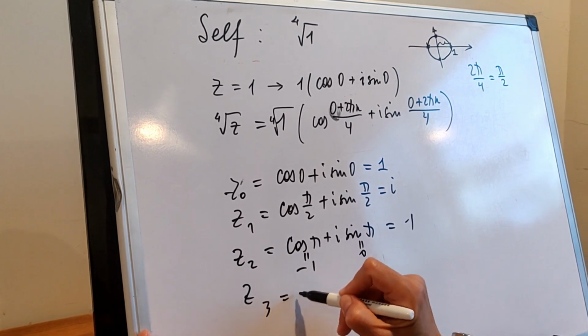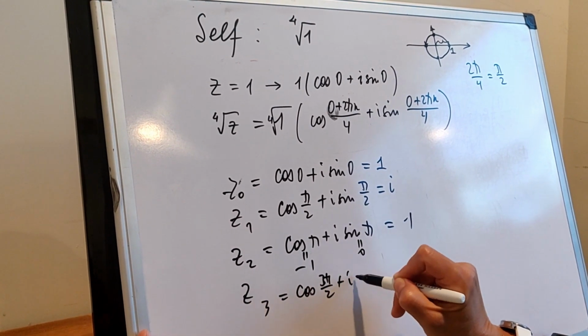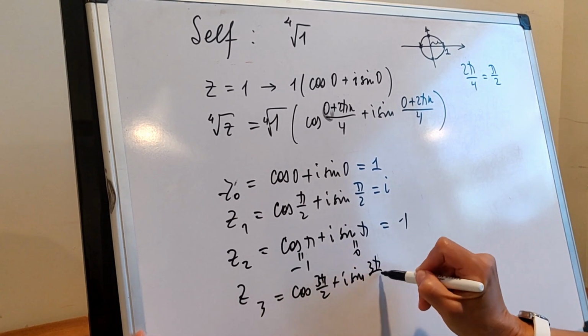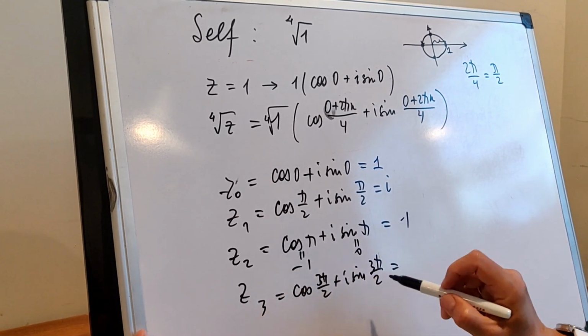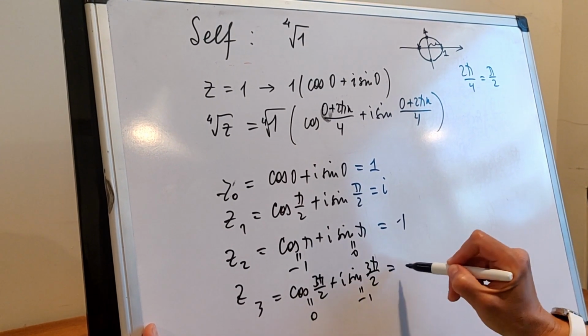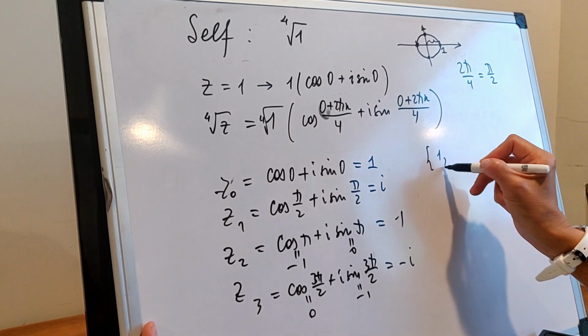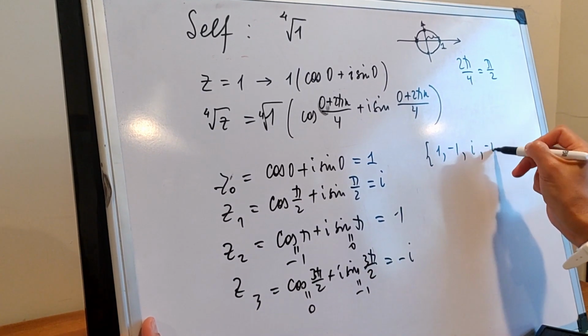And z3, my last number, is cosine of 3 pi over 2 plus i sine of 3 pi over 2. And 3 pi over 2 gives me 0 over here, and over here I'm going to get negative 1, so minus i. So my four solutions are 1, negative 1, i, negative i.